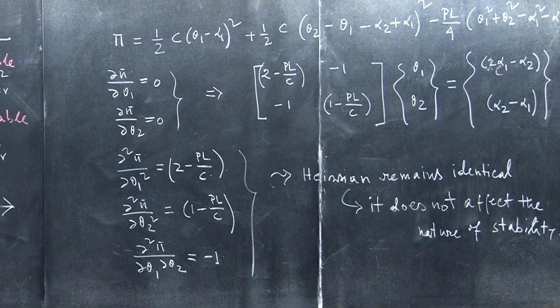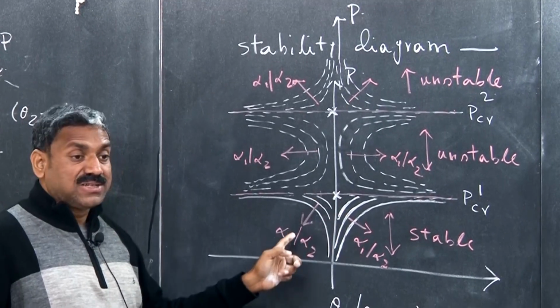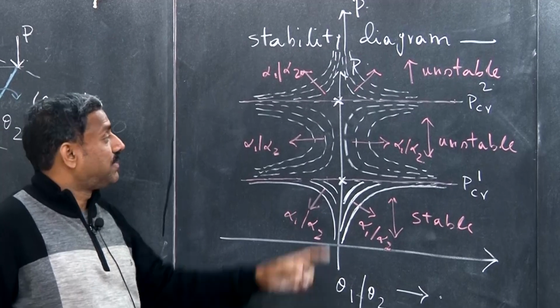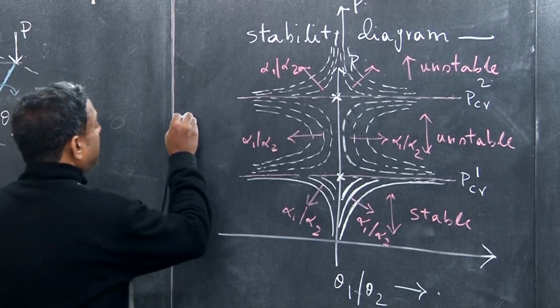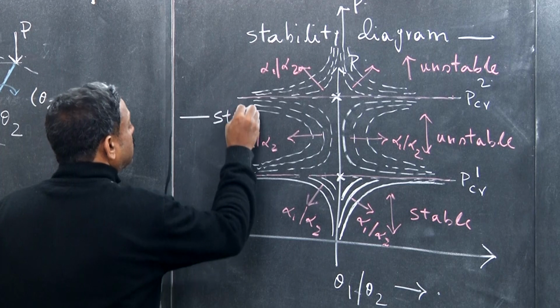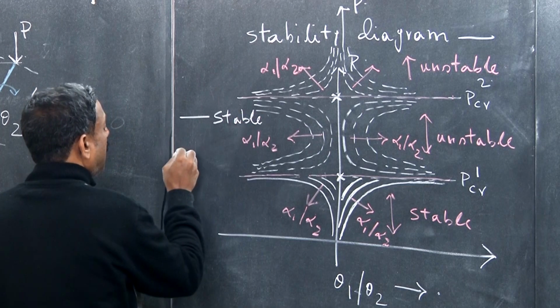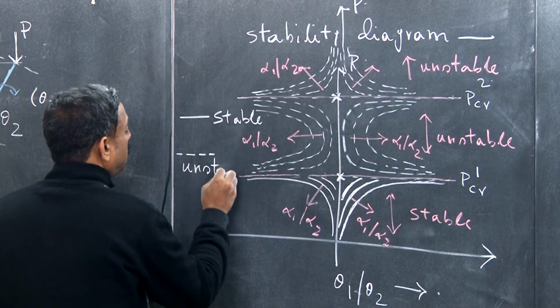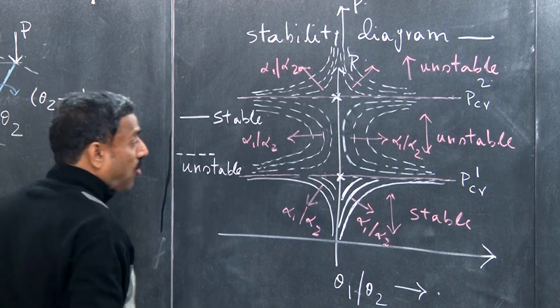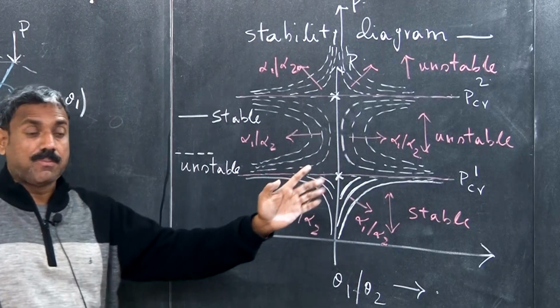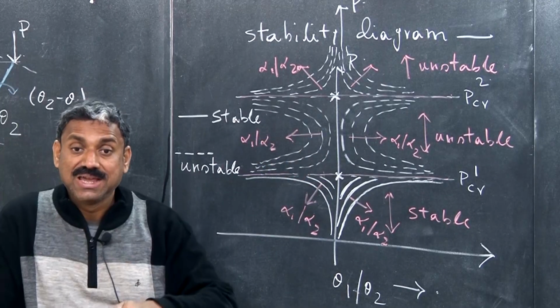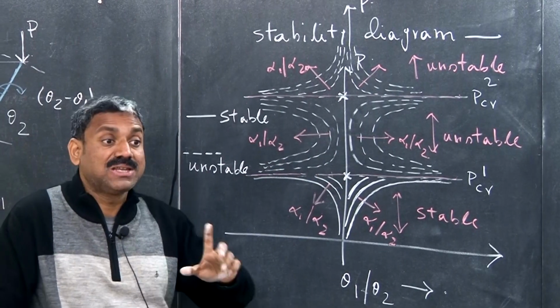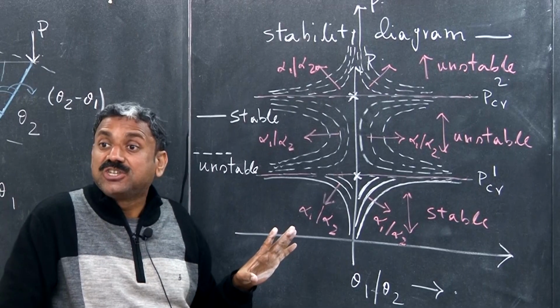Only these equilibrium paths are stable; all other equilibrium paths are unstable. Stable equilibrium paths are given by the solid line, while these are unstable equilibrium paths. And all stable and unstable equilibrium paths are asymptotically approaching the perfect system. That is the generalized characteristic of any system.